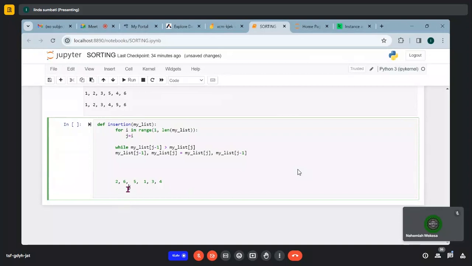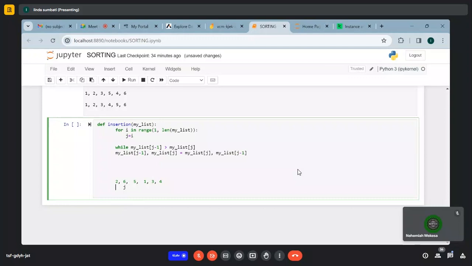Listen, it is assuming that 2 is already sorted. Yes. So the first element will be j, and it will be 6. Yes. So j minus 1 will be 2. Yes. So if j minus 1 is greater than j, you swap.